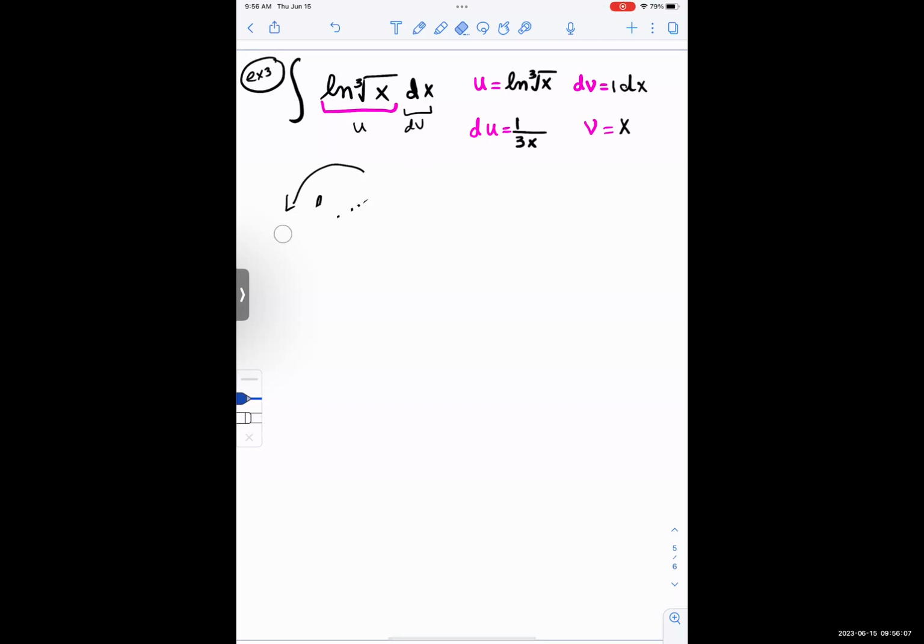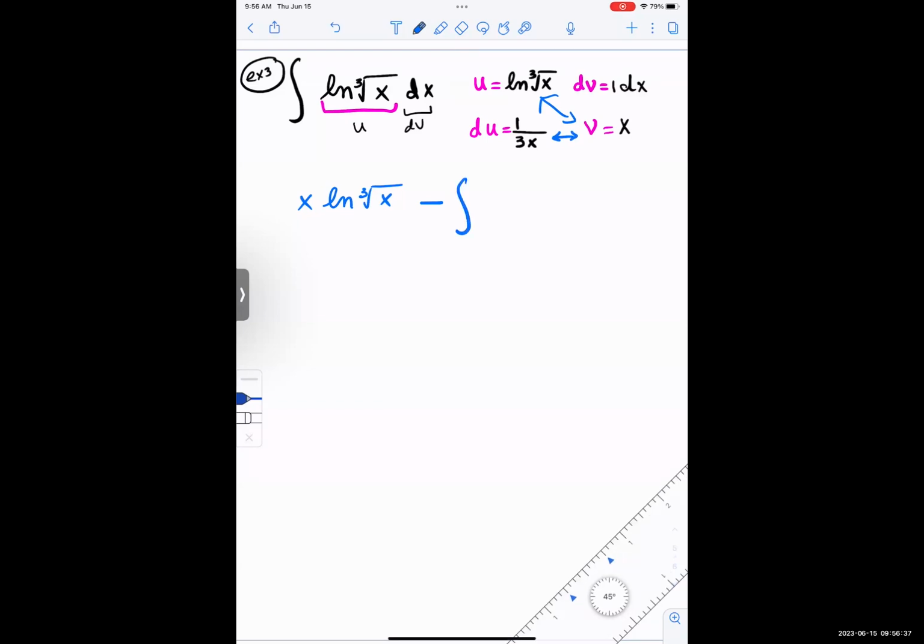x. So now let's just write it. uv: x ln cube root of x, multiplication of the two, x ln cube root of x, minus the integral of v du.